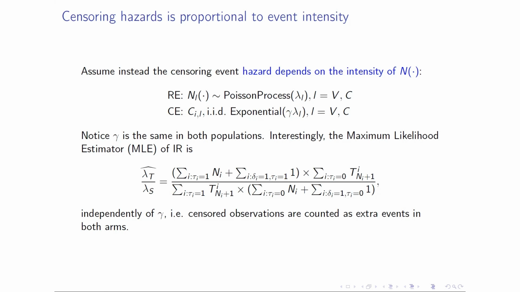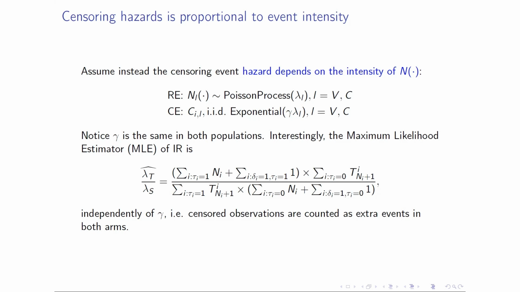Now, in that case, we can actually make explicit maximum likelihood computations, and it's interesting that you also have to count the number of censored observations, and you have to count them as if they were observations, which is kind of natural. Obviously, if you think about it after the fact, it makes sense.